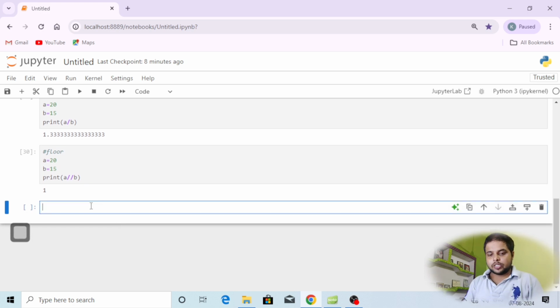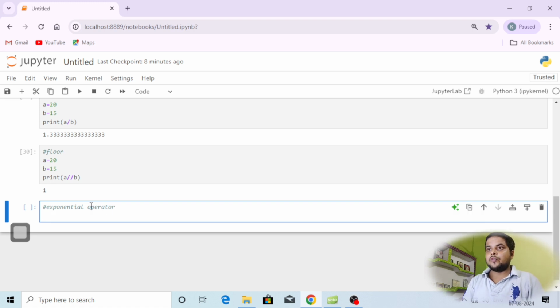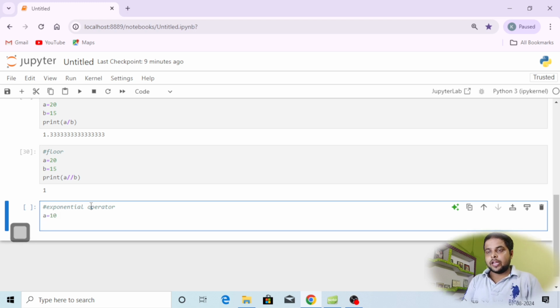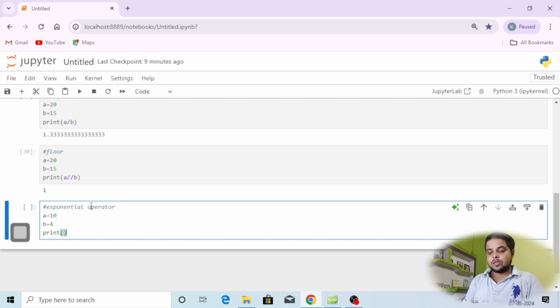Now the second last operator is the exponential operator. What will it do? It will take the power of a given number. Let us suppose A equals 10 and B equals 4.